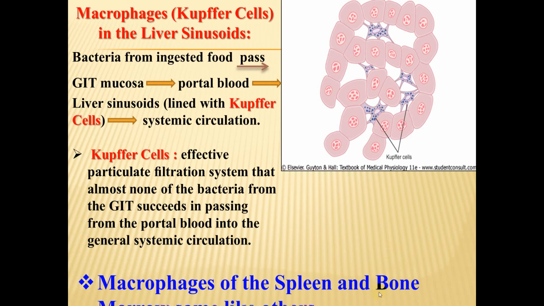The macrophages of the spleen and bone marrow work in the same way. Kupffer cells are such an effective particle filtration system that almost none of the bacteria from the GIT succeed in passing from the portal blood into the general systemic circulation. So it is considered a barrier to bacteria, preventing their passage by destroying them and cleaning the blood from them.